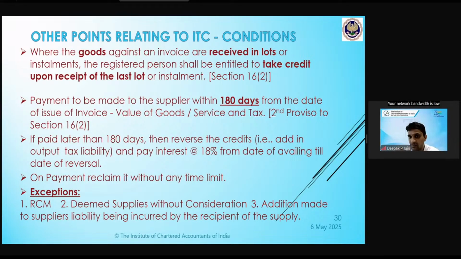So that 10,000 you will not pay me, but I will charge you on 90 plus 10,000 rupees. So on this 10,000, if you don't pay me, you can still claim the credit. Or, yeah, within 180 days अगर आप ये 10,000 पे नहीं करेंगे तो भी आप claim कर सकते हो. Sir, it is payment plus 18% or reverse credit plus 18%? Reverse credit plus 18%.